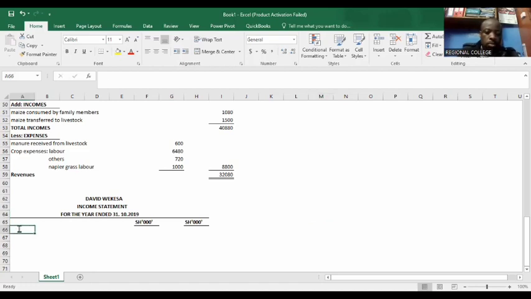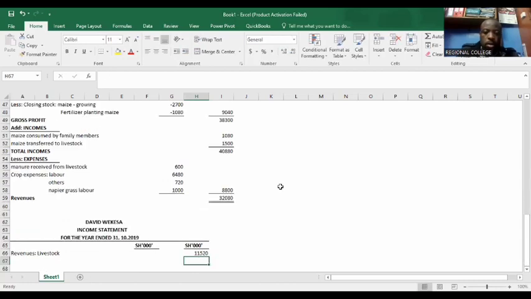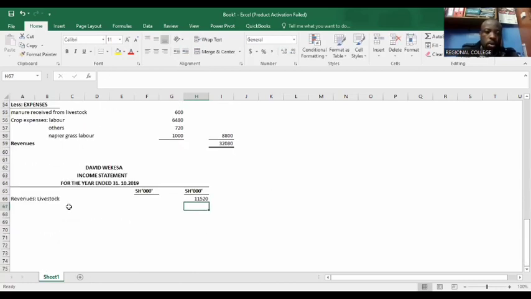So the first thing to bring here is the revenues from each department. So livestock. Those are the first things you bring in.